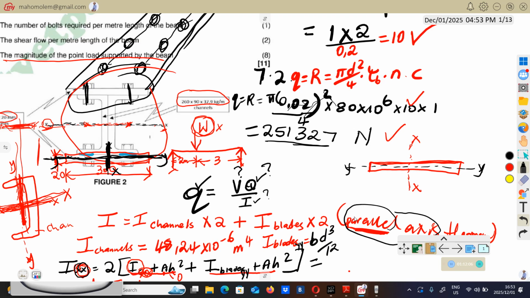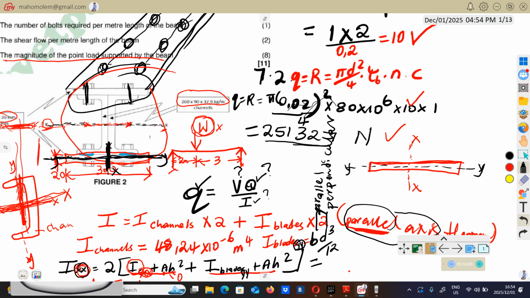And I normally say that B will be the side parallel to the axis, and then D will be the dimension perpendicular to the axis in consideration. So that axis that we're talking about is YY.